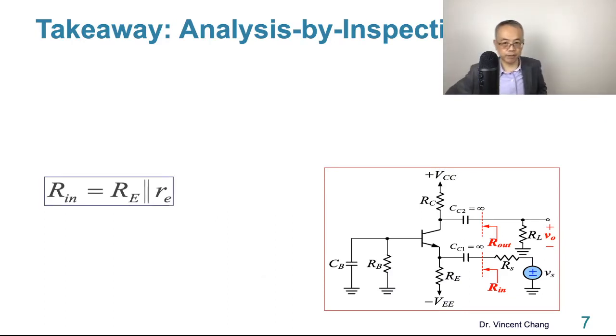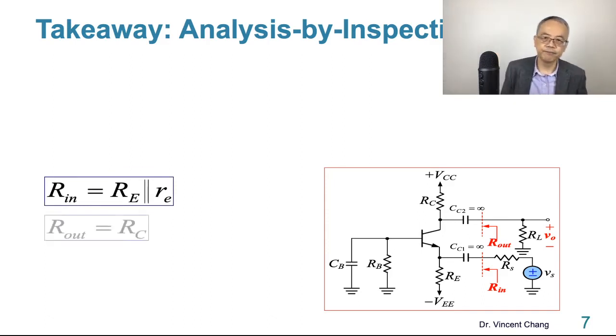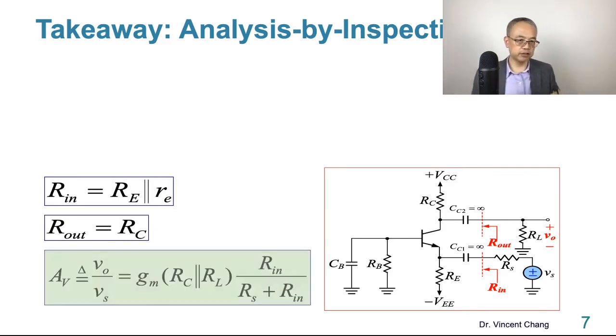Analysis by inspection. The first one, the parallel combination of RE and the lowercase re. The second, RC. The third one is challenging.